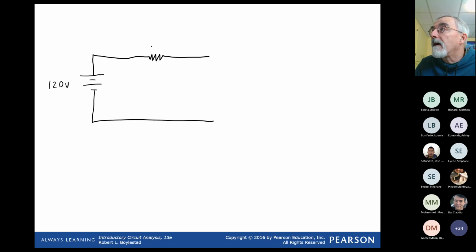And I'll say maybe it's about 100 ohms of resistance. And then I'm going to wire, so again, be careful, don't do this at home, but I'm going to wire these to 2 little plugs here.